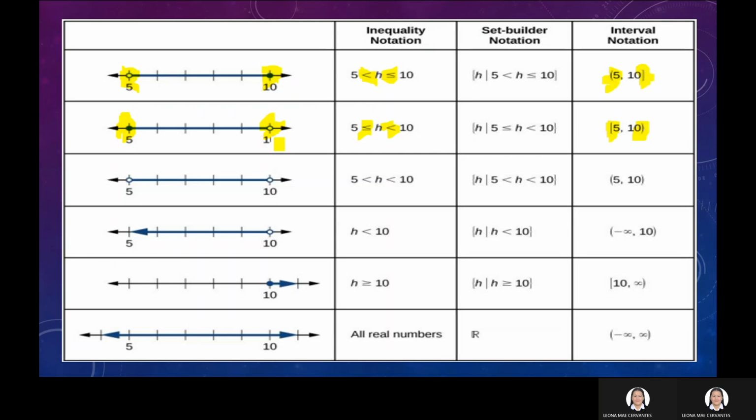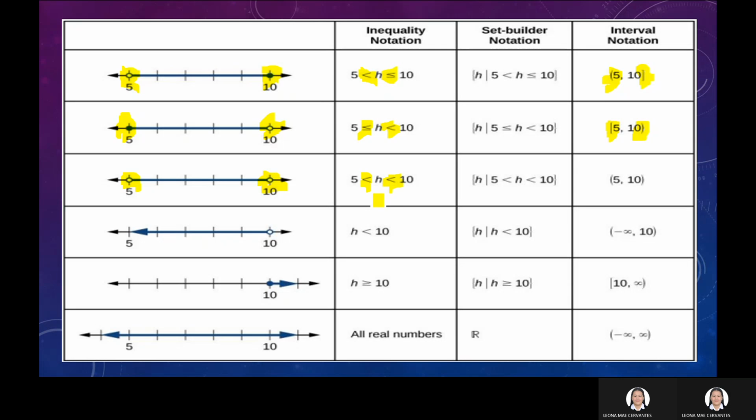Next, third example. We have positive 5, not shaded or not included, and positive 10, not shaded, not included. Since positive 5 and positive 10 are not included, then we will not put an underline or equal. So inequality notation, we have 5 is less than h and h is less than 10.